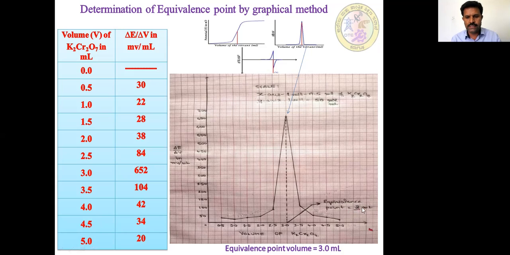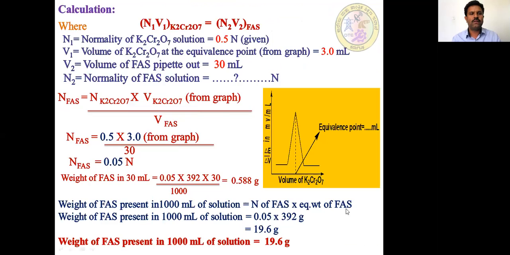So by using this equivalence point volume, we can further calculate the concentration of ferrous ammonium sulfate solution. We know the formula, N1V1 is equal to N2V2. So the normality and volume of potassium dichromate solution is equal to the normality and volume of ferrous ammonium sulfate.